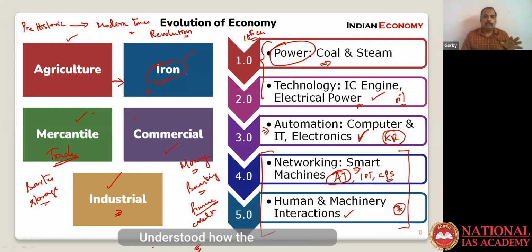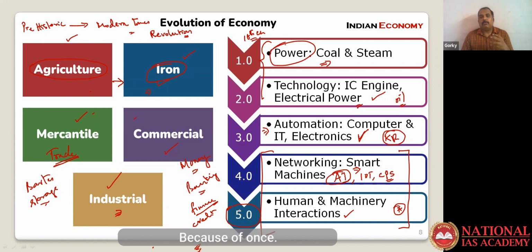Understood how industry 1.0 to 5.0 is, and how we were increasing our wants. It's all increasing wants, efforts, production, consumption. So it's a continuous process. So from a mere agricultural economy, we are now moving towards economy 5.0, industrial revolution 5.0.